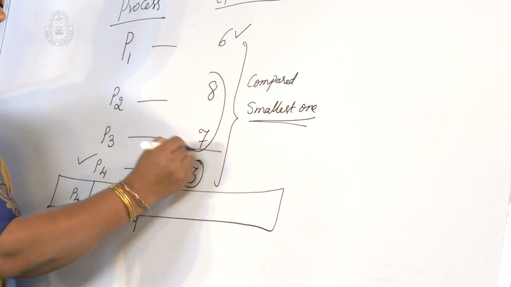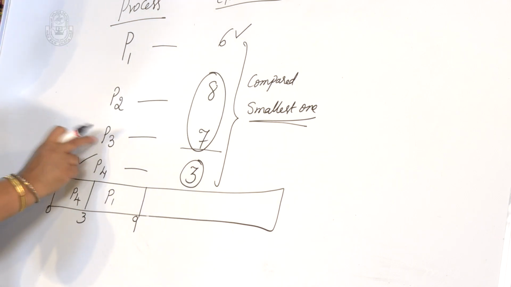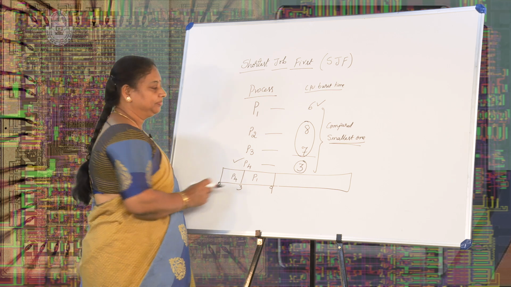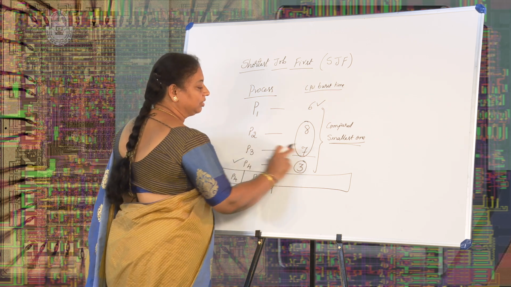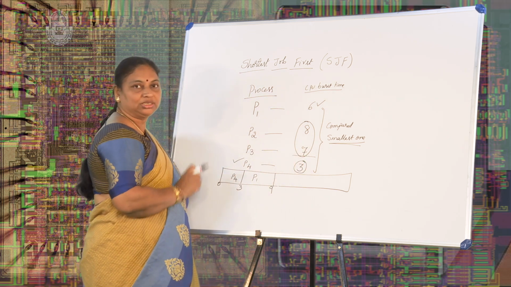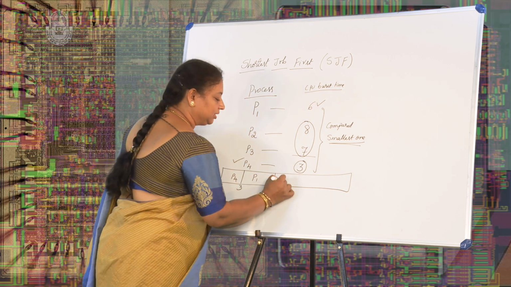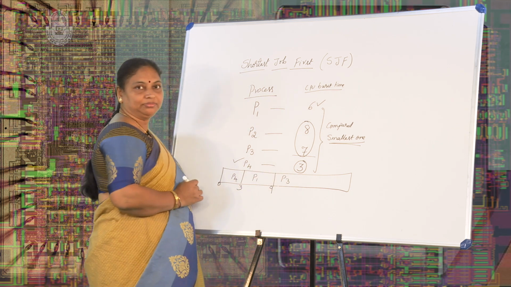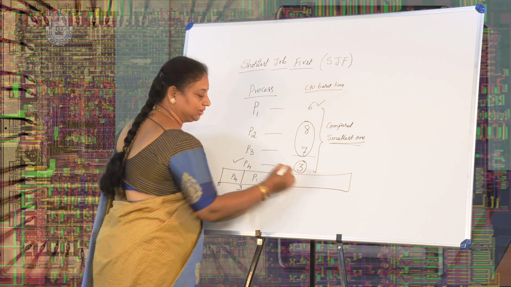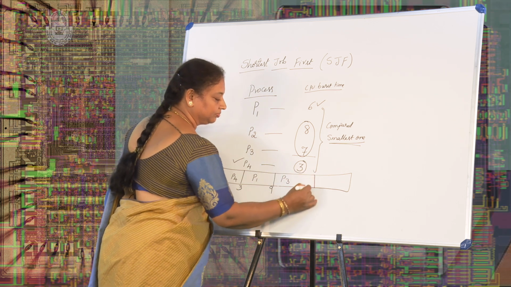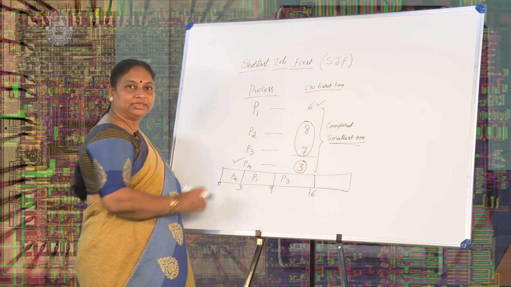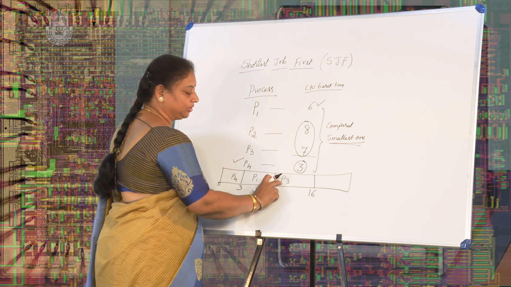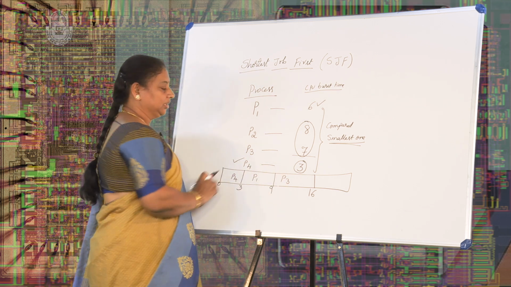Then among the remaining P2 and P3 processes, we have P3 as the shortest one. So next it will take up P3, 9 plus 7. So at the 16th millisecond, completion of P3 is done.